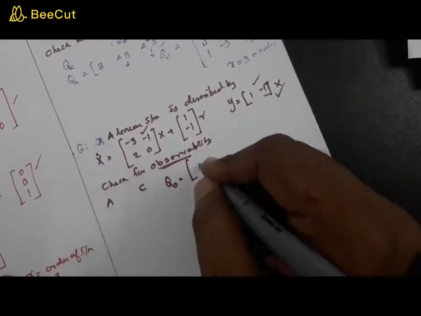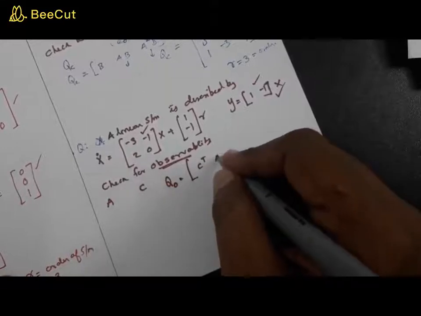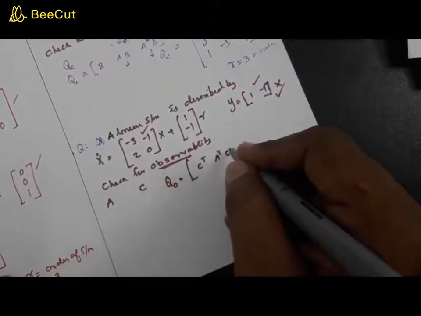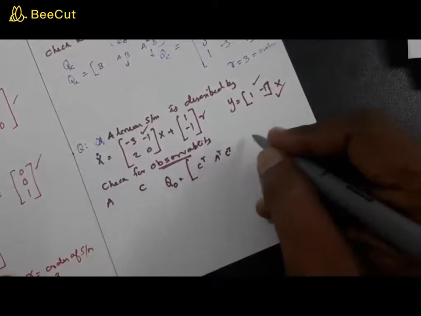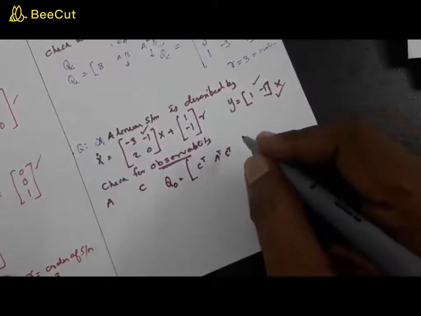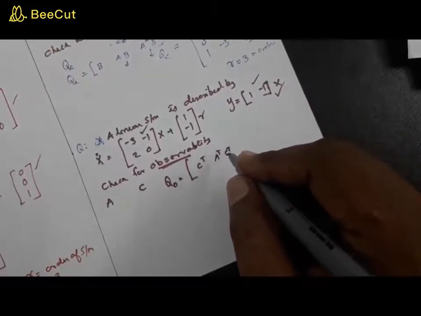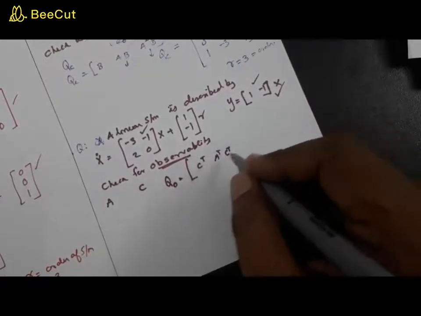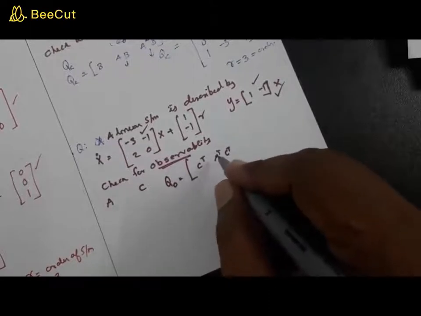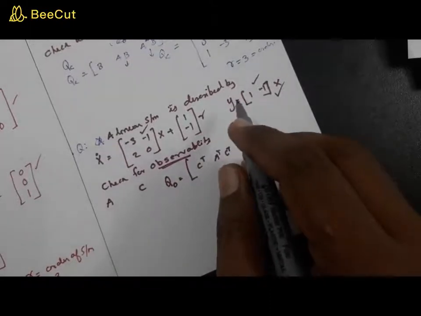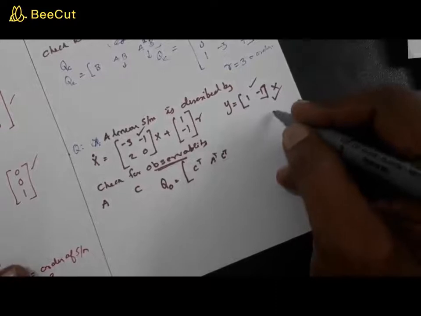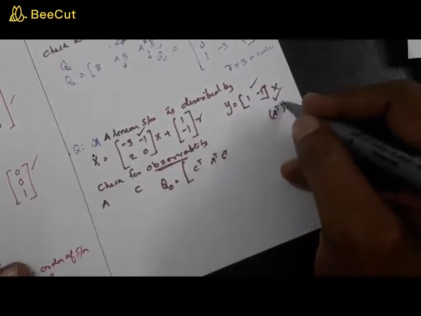Your QO is going to be what? C transpose, then next is A transpose C transpose, right? You don't need any other column. You only need 2 columns, because the columns go up to A transpose to the power n minus 1.